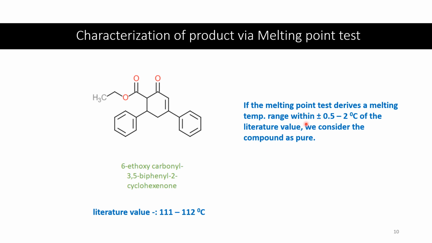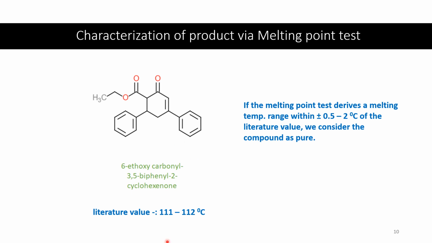If the melting point range was much wider than this and at a lower temperature range, then we can conclude that this sample is not pure and we are not able to confirm whether this is the product that we were expecting to obtain.